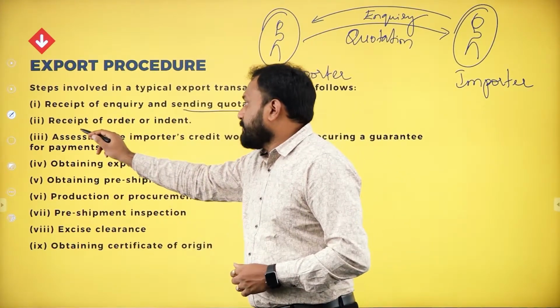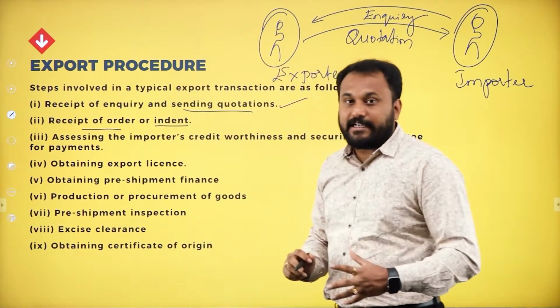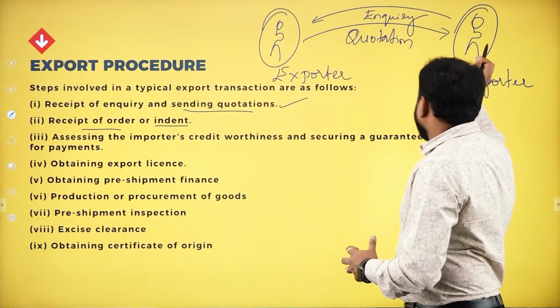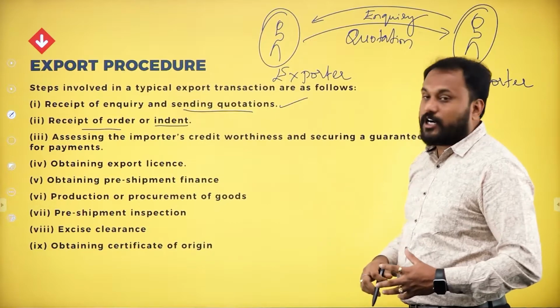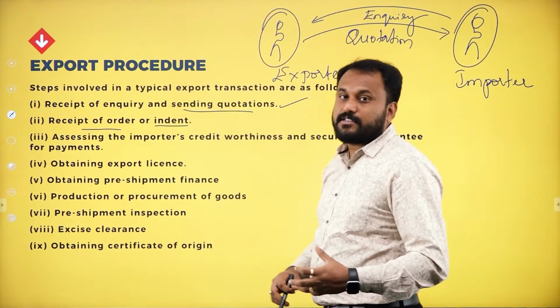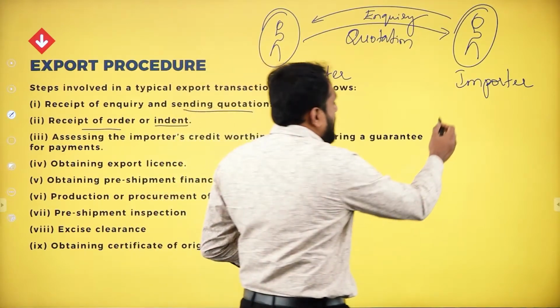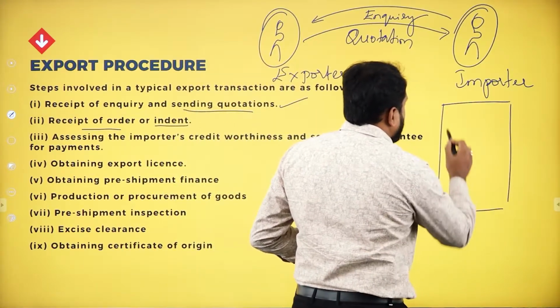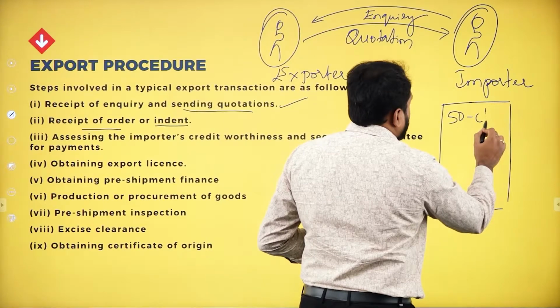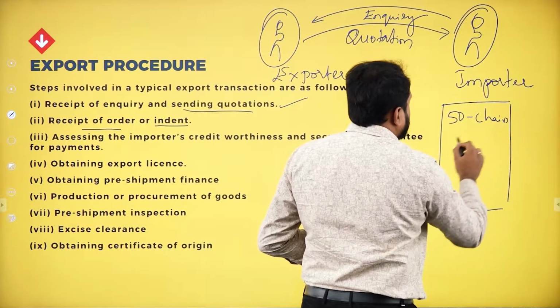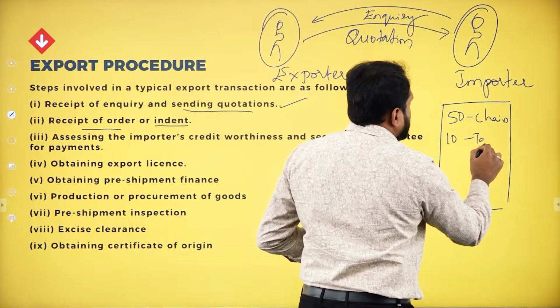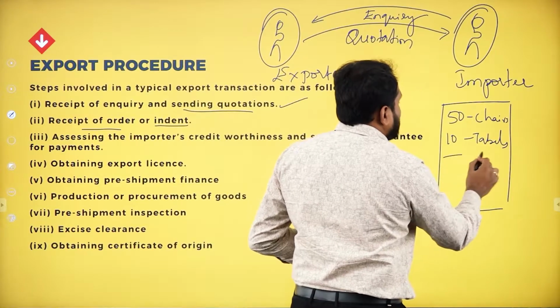Second is receipt of order or indent. Now the importer will place the order, that is, what all he requires. For example, he'll say that I need 50 chairs, 10 tables, and so on.